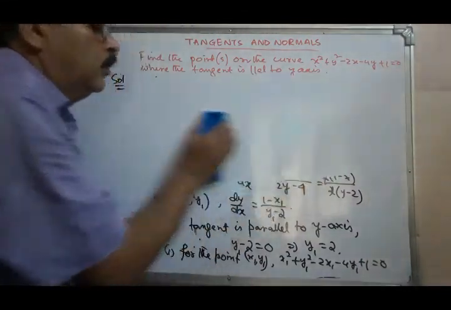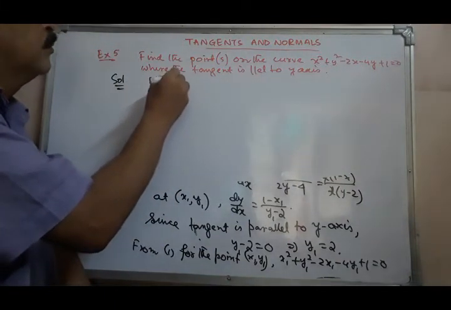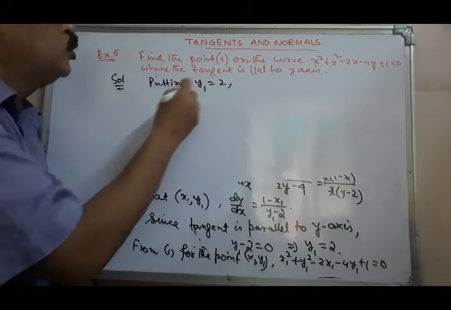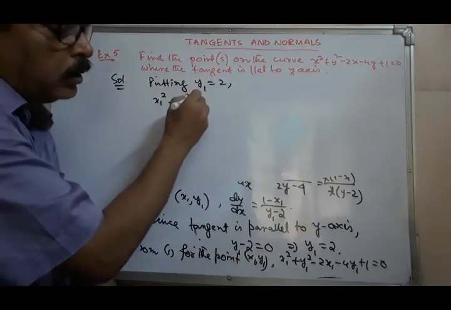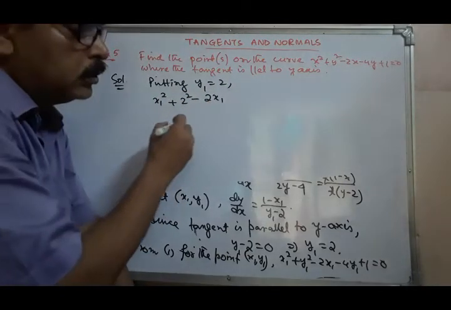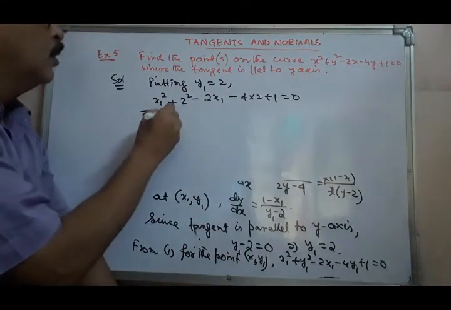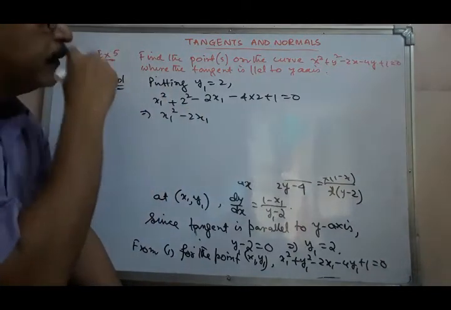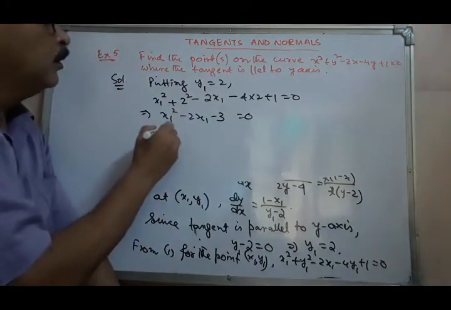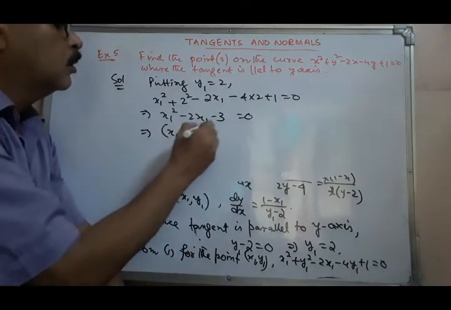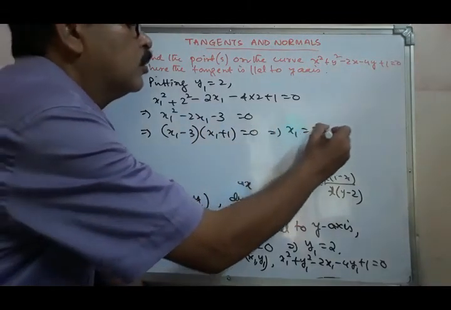From the top, putting y1 equal to 2, then x1 square plus 2 square minus 2x1 minus 4 into 2 plus 1 equal to 0, x1 square minus 2x1 minus 3 equal to 0, implies x1 equal to 3 or minus 1.